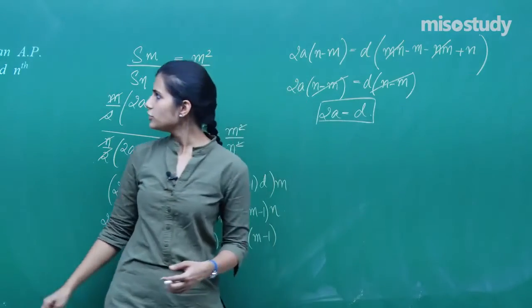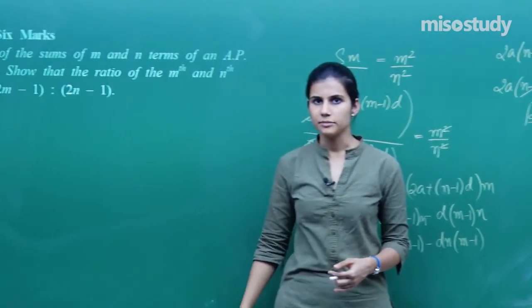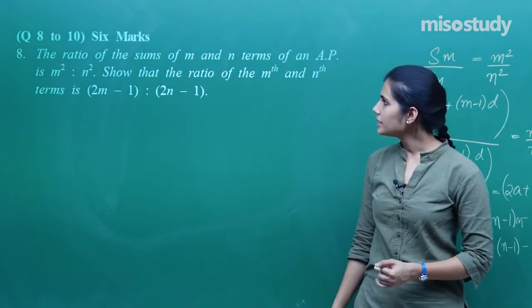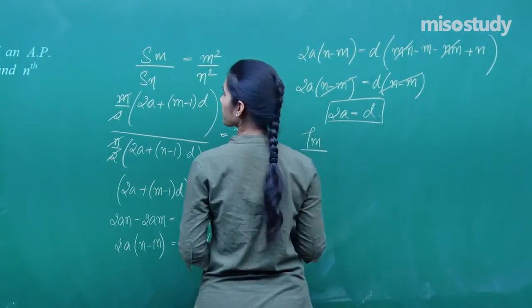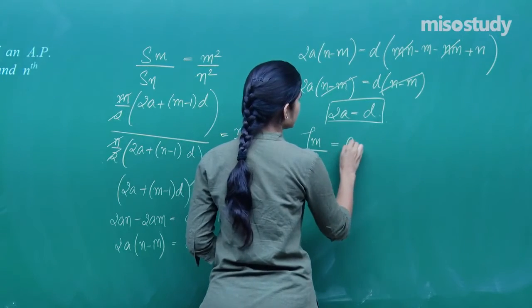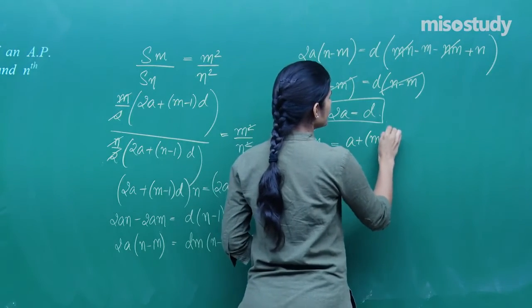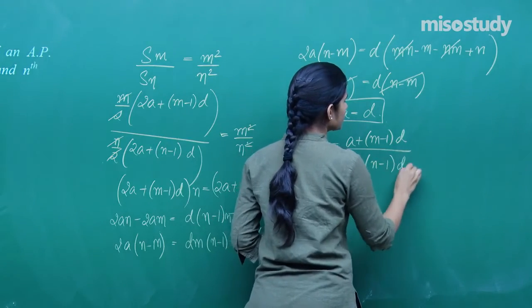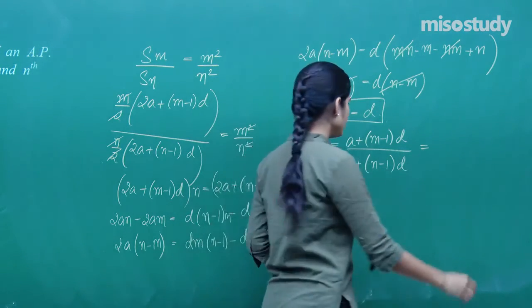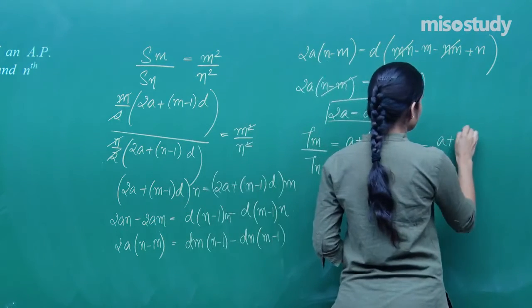I need to find the ratio of the mth and the nth term and prove it to be equal to 2m minus 1 is to 2n minus 1. Ratio of the mth term with the nth term, that is a plus m minus 1 d upon a plus n minus 1 d. d is given as 2a.